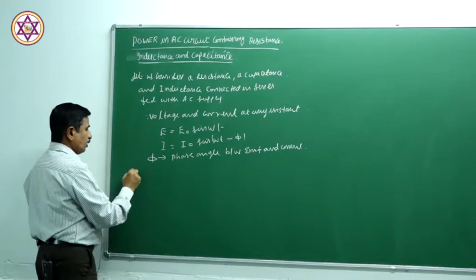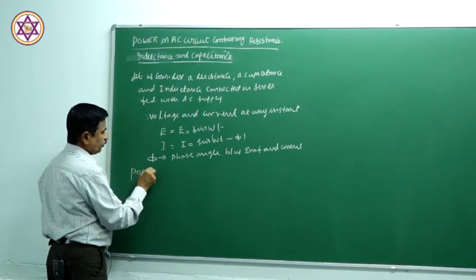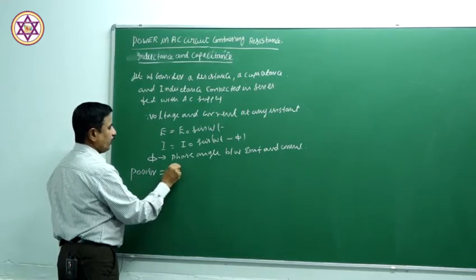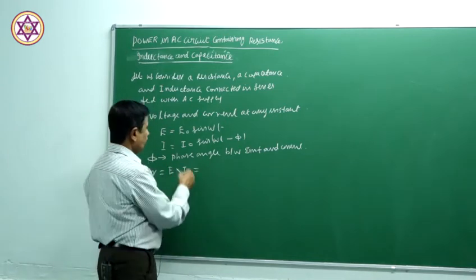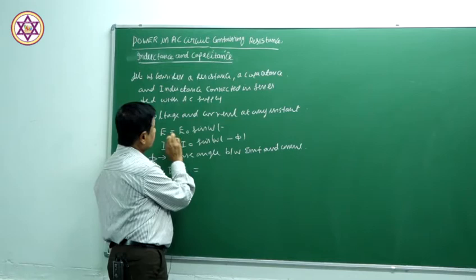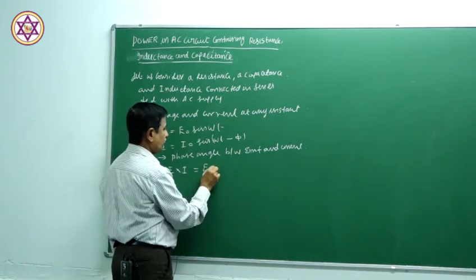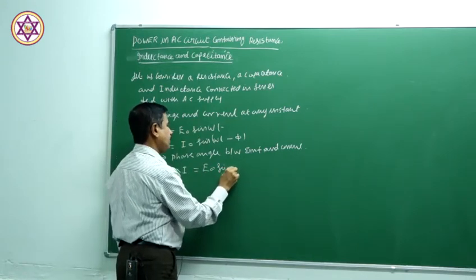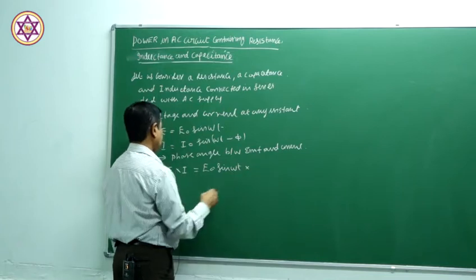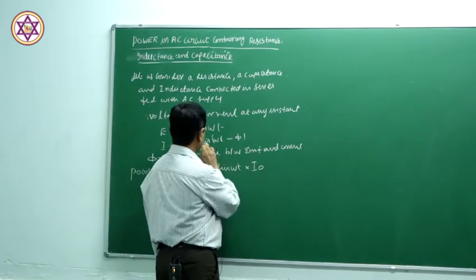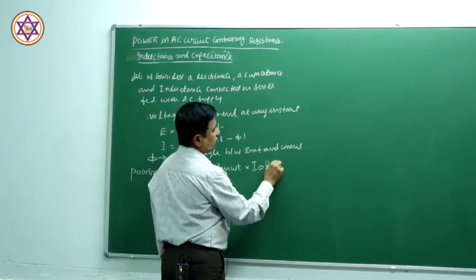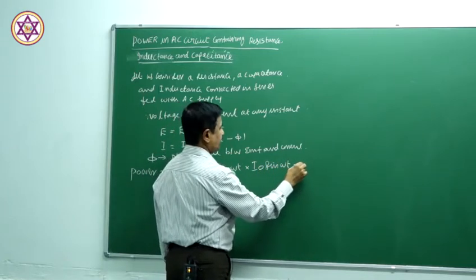So what is the power at an instant? Power is equal to E into I. E is equal to E naught sin omega t. What is I? I is equal to I naught sin omega t minus phi.